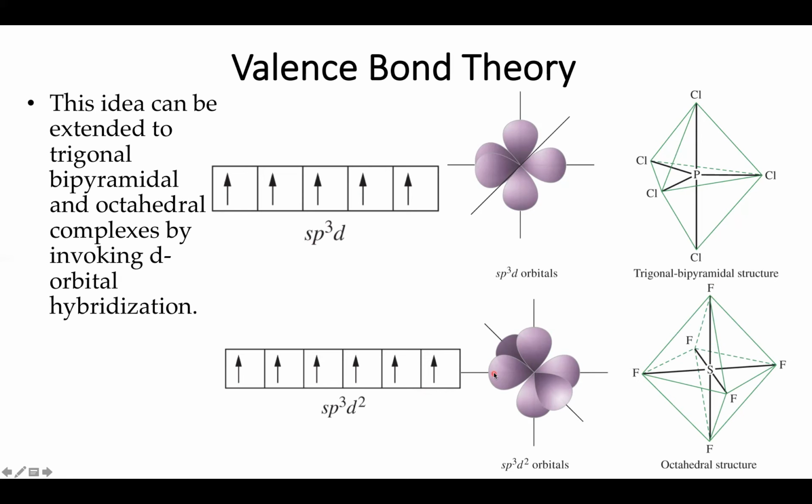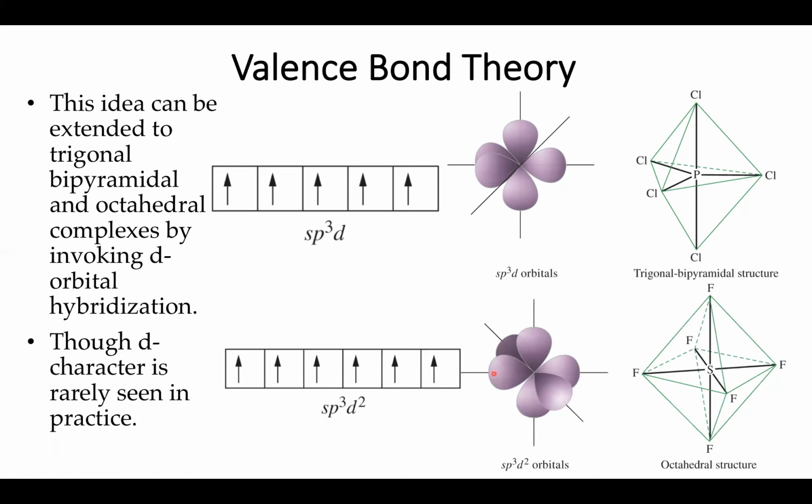However, one of the things that is worth acknowledging is that in practice, we rarely see this d character. And so what's hypothesized, but still not known, is that what happens instead is that whatever atom is being coordinated to, in this case, say chlorine or fluorine, they tend to use their orbitals to coordinate to sulfur.